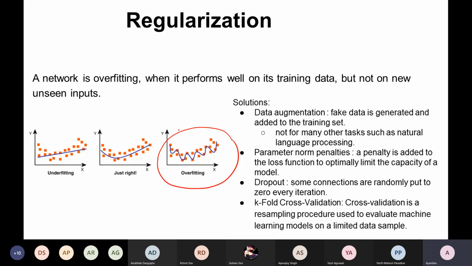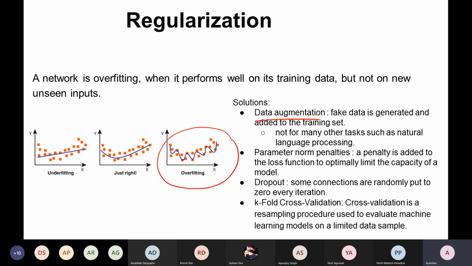One possible solution is data augmentation. That means fake data is generated and added to the training set. Basically, you are adding not exact noise but some added features that may not be exact features of your training data.